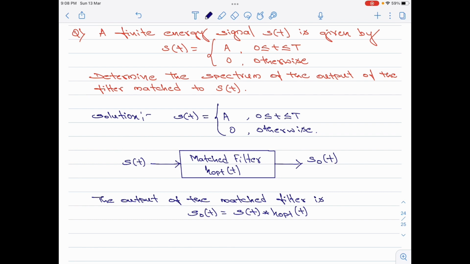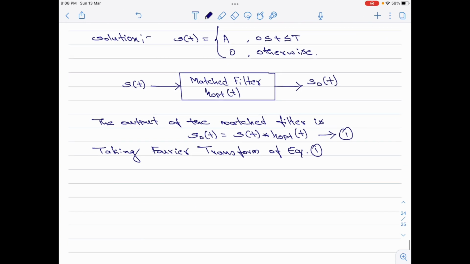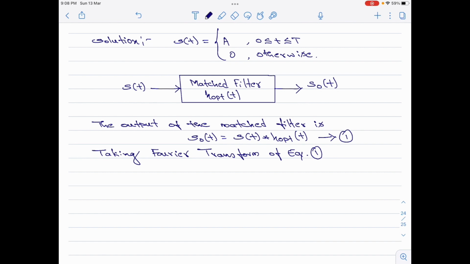Let me take Fourier transform on both sides of this equation. I'll call this equation 1. This would now become S naught of f equals S of f multiplied by H optimum of f.